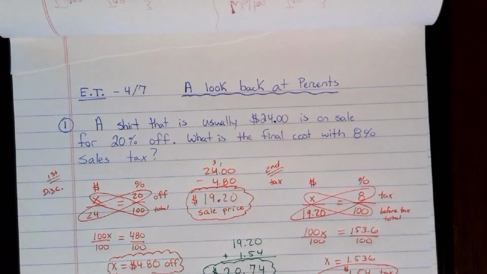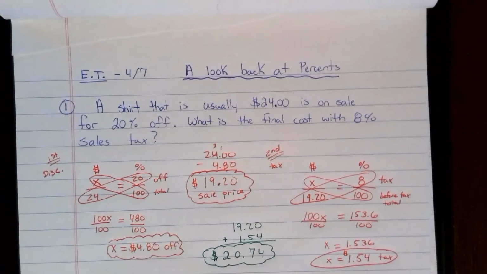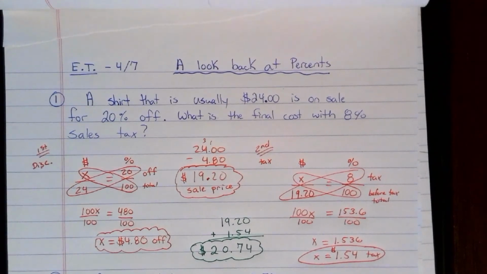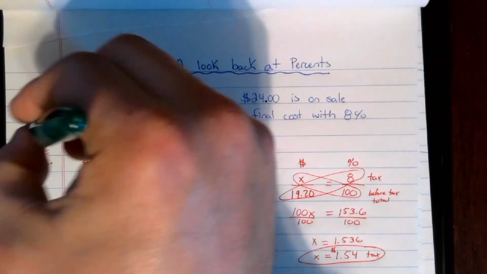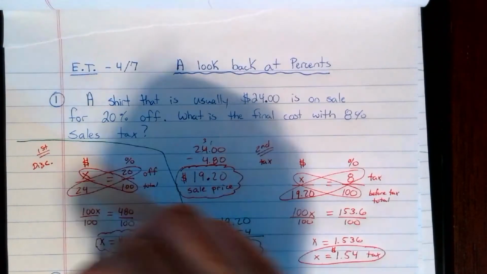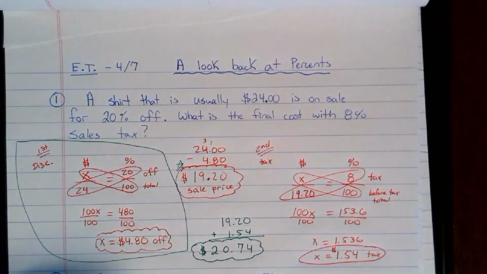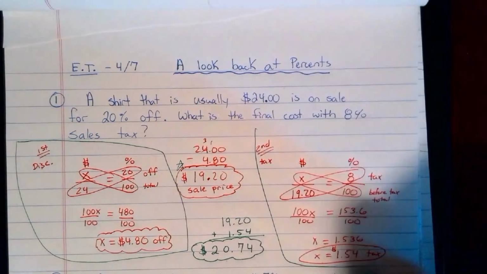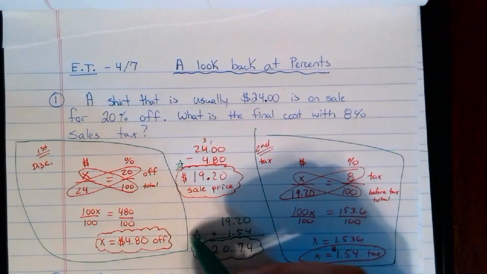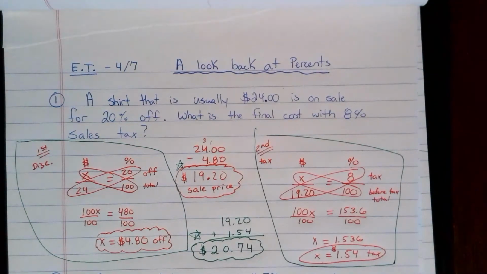Alright, so, I don't know if you can see that all the way. So there's all my work on how to do this problem. You had to, again, first find the discount, and actually discount it here by subtracting. Then second, find that tax, and then add that tax at the end. So this is a longer problem.